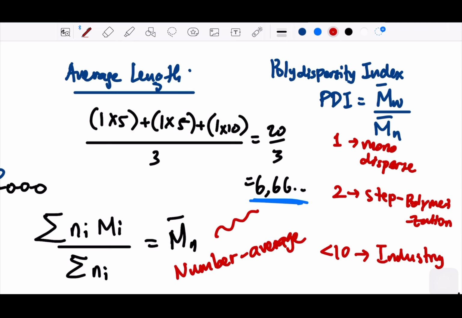Or we call the polydispersity as heterogeneity.